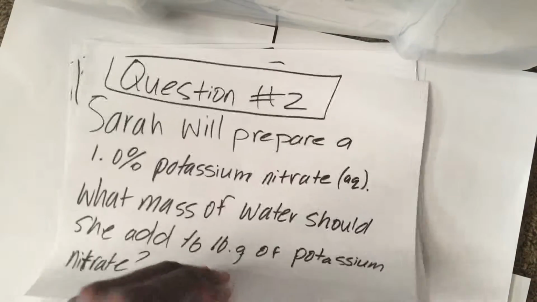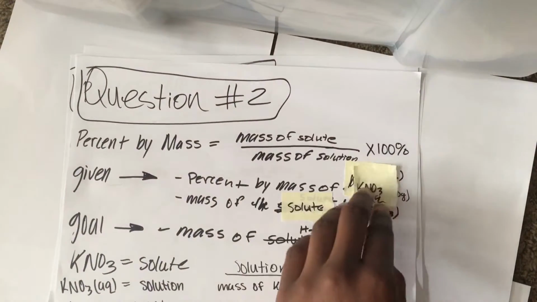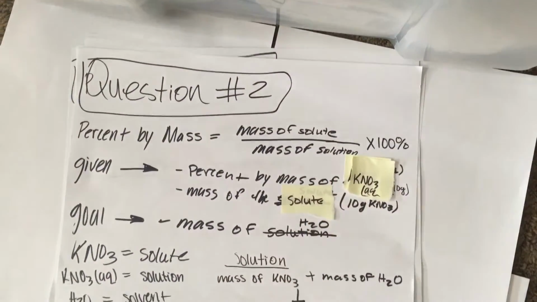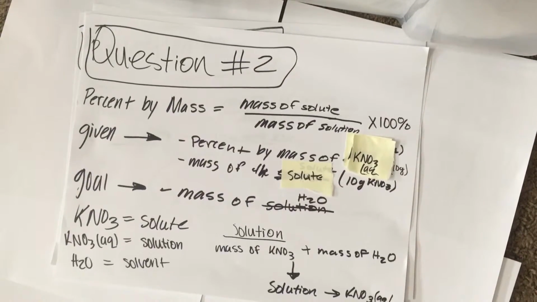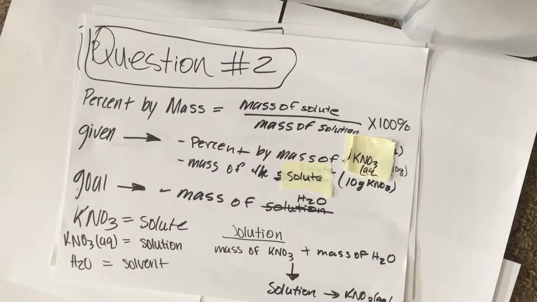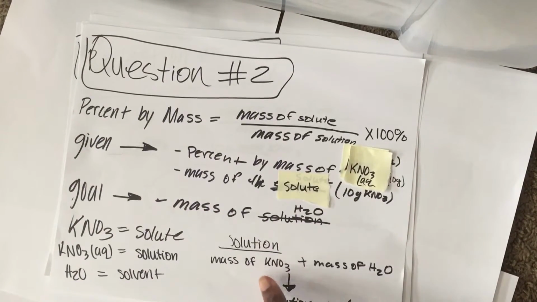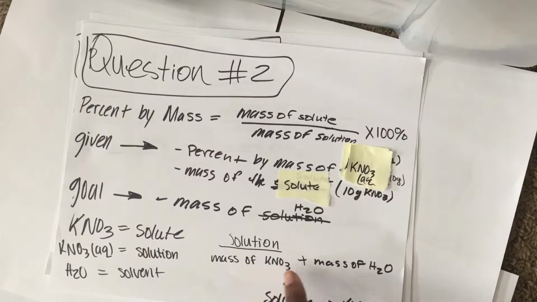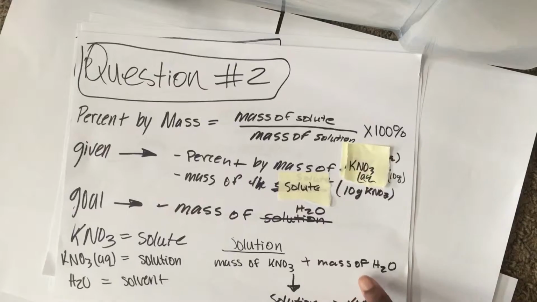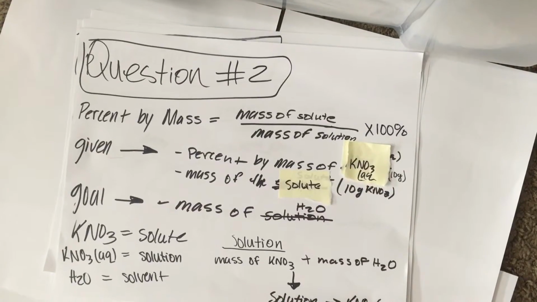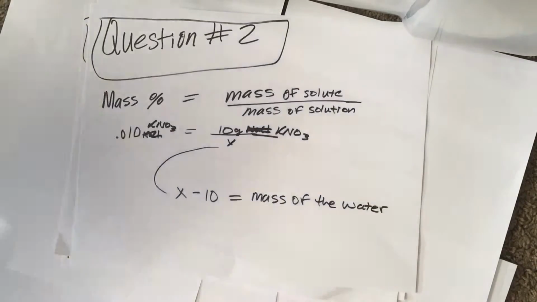So whenever you're doing problems, make sure you know what you're trying to solve for and actually solve for that in the end and don't get distracted. The solution is the mass of KNO3, or the mass of any compound that you have, plus the mass of H2O. That will equal the solution. That's why it's aqueous, because it's soluble in water.